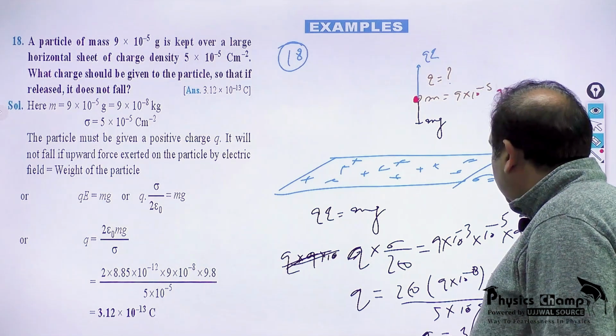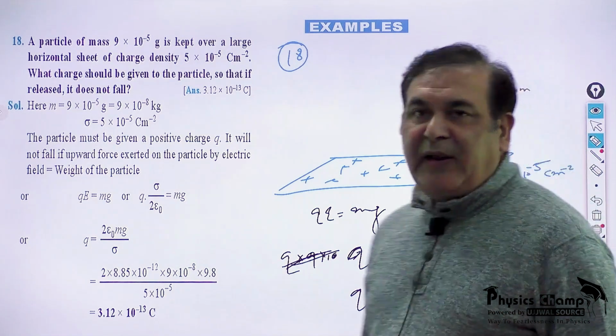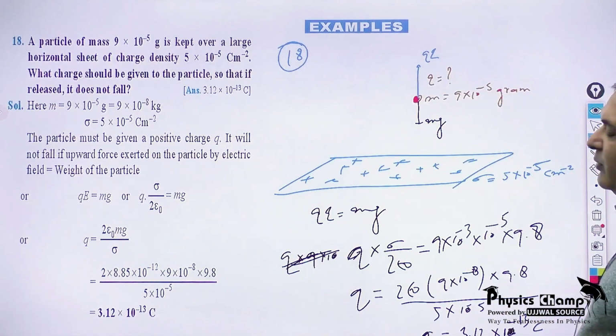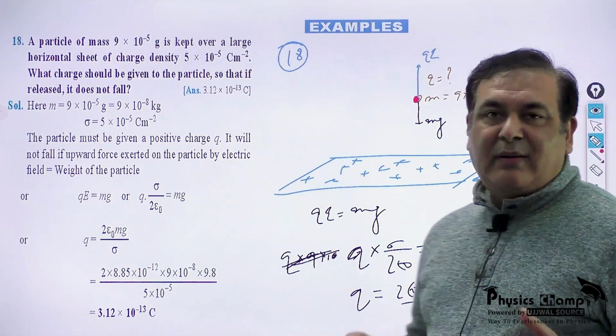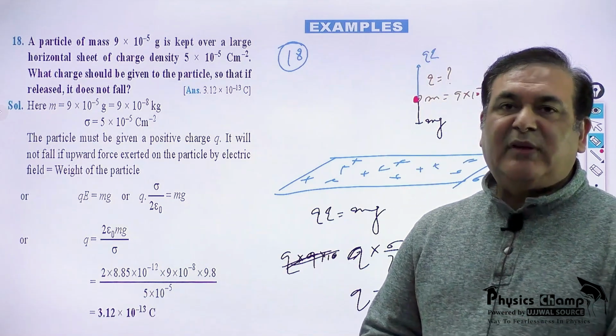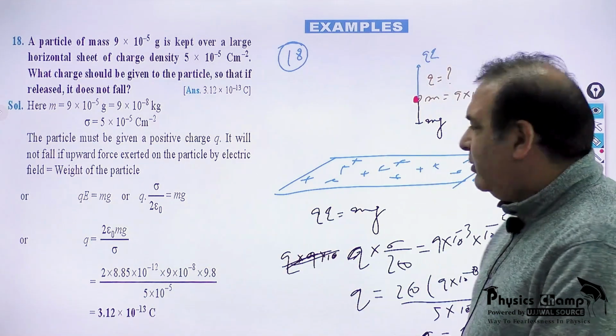So this is question number 18. That is another question where the electric force was balancing the weight of that mass which is hanging in air above it. Simple question.